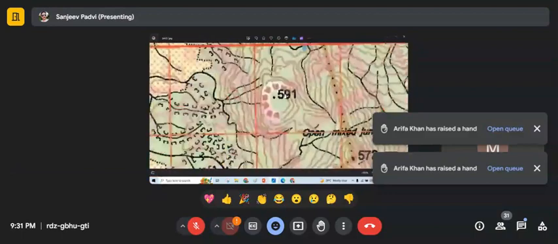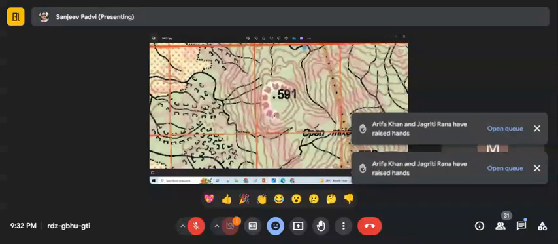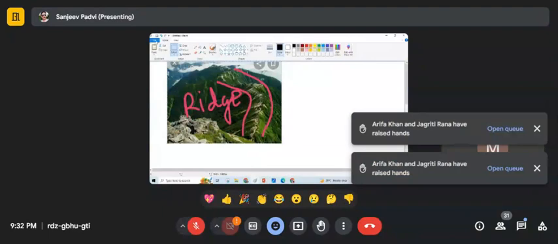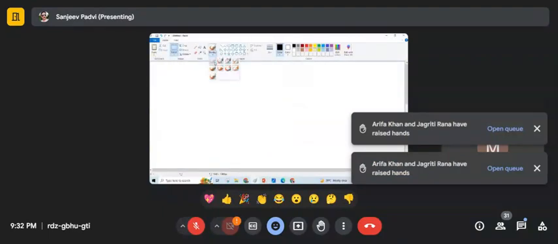Do you notice this? These are called hachures. Now these hachures are helpful to show us the steepness of some area. Steepness of area.